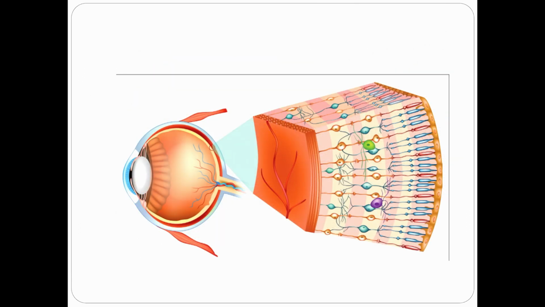You can see this also: 1, 2, 3 here, 4, 5 plexiform layer, 6 is your bipolar, 7th is your inner plexiform layer, 8th is the ganglions, 9th will be your optic nerve fibers, 10th is now the limiting membrane.